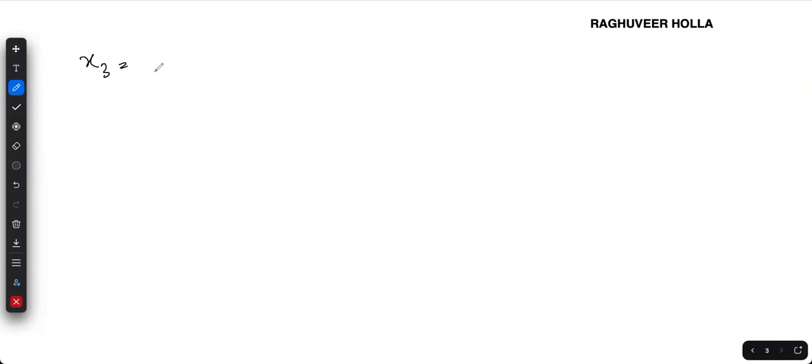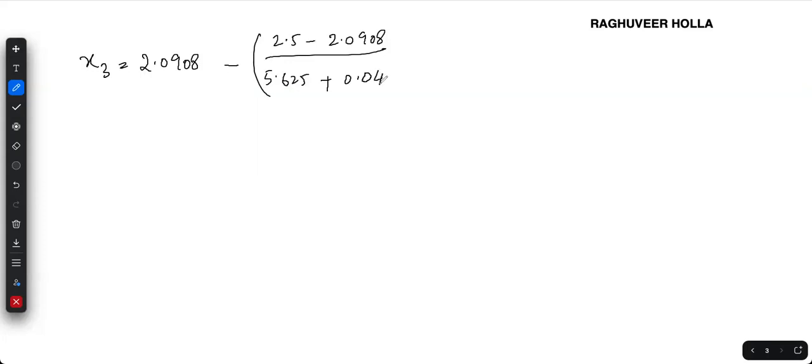We got that new root as 2.0908 minus this is 2.5 minus 2.0908 divided by 5.625 plus 0.04178, okay, multiplied into minus 0.04178, okay, so which is equal to 2.0938.